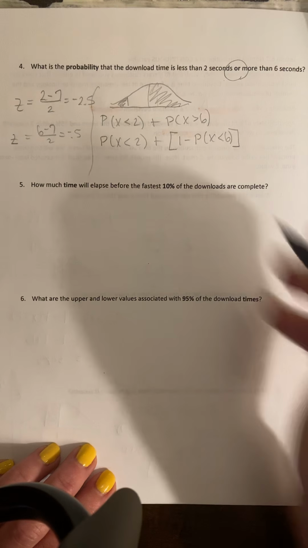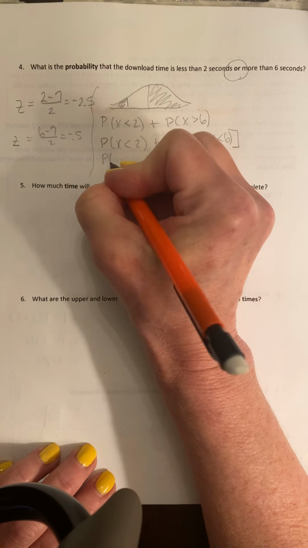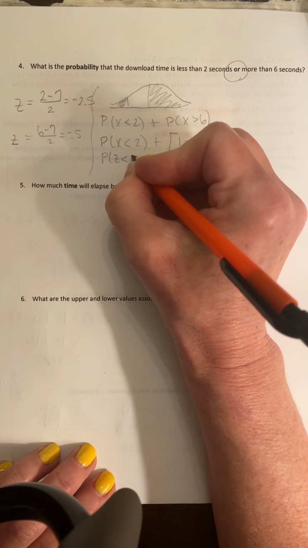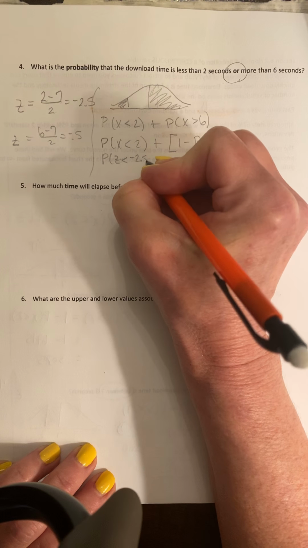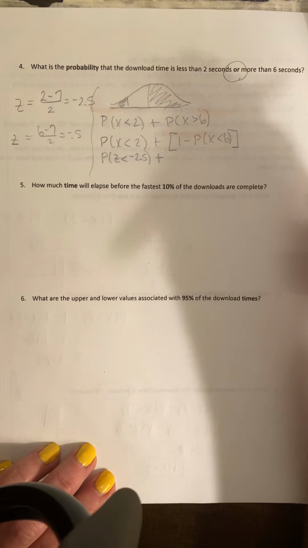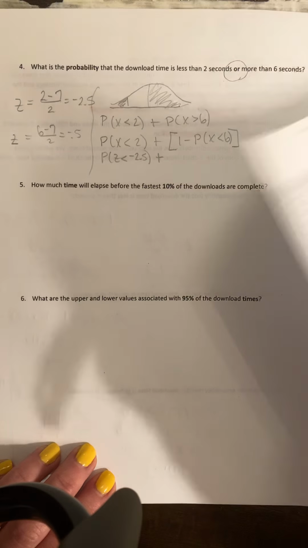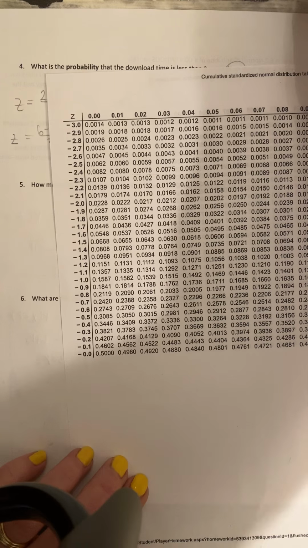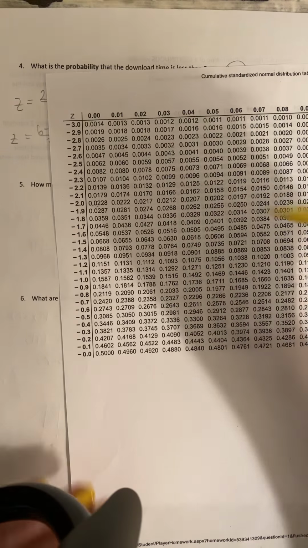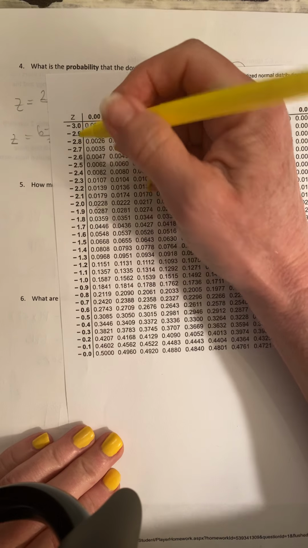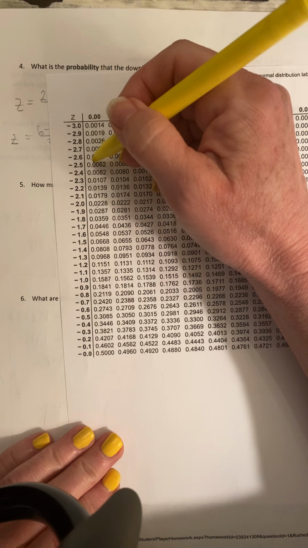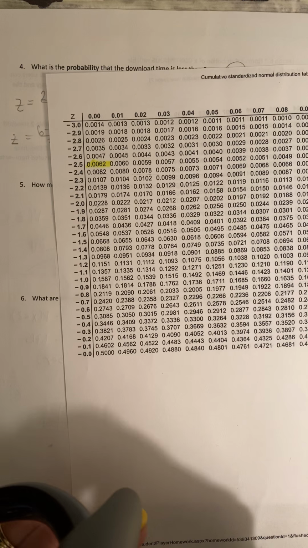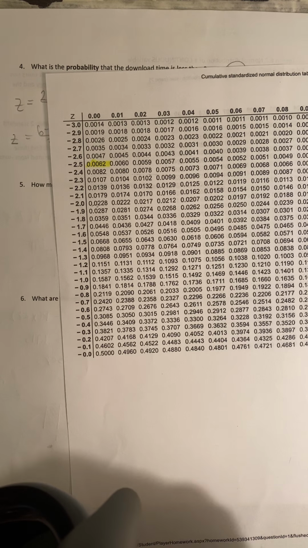And we'll start off with this probability, the area below this z value of negative 2.5. We'll find this one first. So we go to our negative side of our chart. And here we have negative 2.5, and there's no numbers after it, so we just have 0.0. So there's our probability there, our area there.